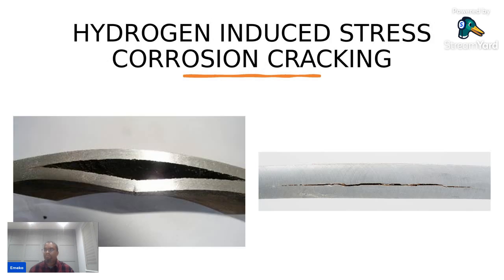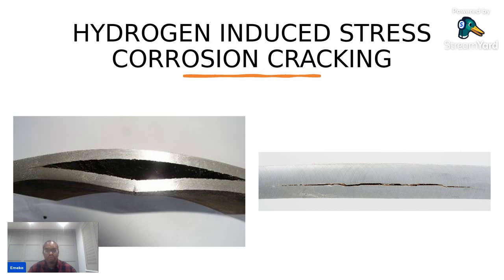The next type of corrosion we'll be looking at is hydrogen-induced stress corrosion cracking. This type of corrosion results from the diffusion of hydrogen atoms through the metal. Higher temperature increases the diffusion of the hydrogen, and then CP, or cathodic protection, can increase susceptibility if the equipment or the pipeline is not coated.